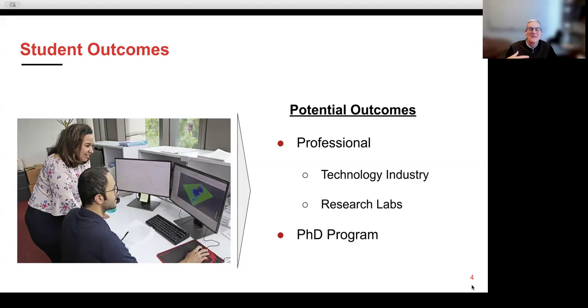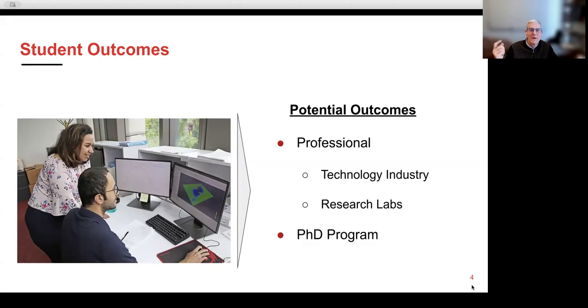And vice versa: people come in wanting to go into industry with very specific target companies and positions, and then they start doing some research and find that their true calling is a PhD program. Just from a ballpark perspective, about 60% of our students go on for a PhD, and about 40% go on to industry after their degree.